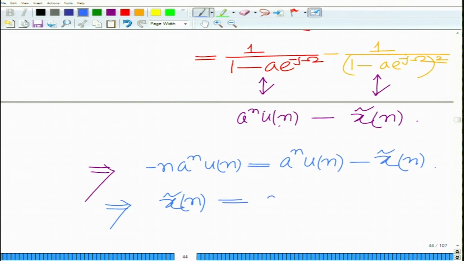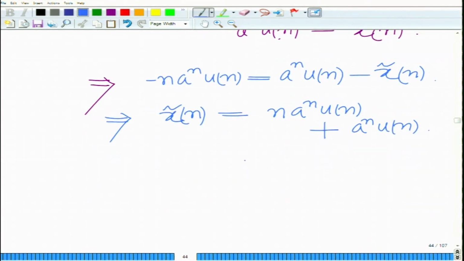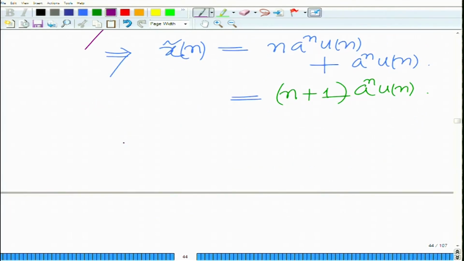Which implies that x tilde n is n a^n u[n] plus a^n u[n], which is equal to n plus 1 times a^n u[n]. Therefore, the inverse discrete time Fourier transform of the given quantity is (n plus 1) a^n u[n].